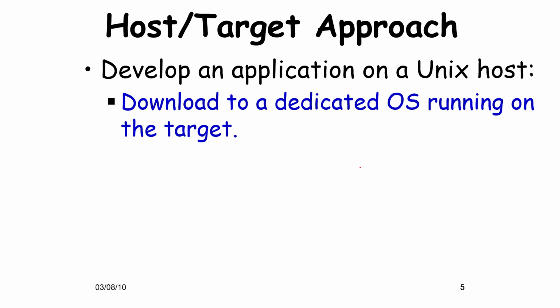Here the idea is that you develop an application on a Unix host and then the application is downloaded to a dedicated OS, which is most likely a non-Unix OS, right? So why is this done? Well, the reason it is done is because all the development tools will be there on the Unix host and the dedicated OS will be much smaller.